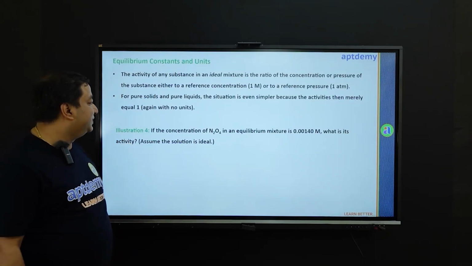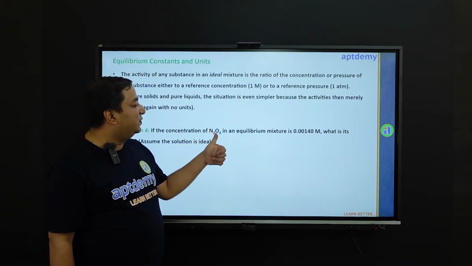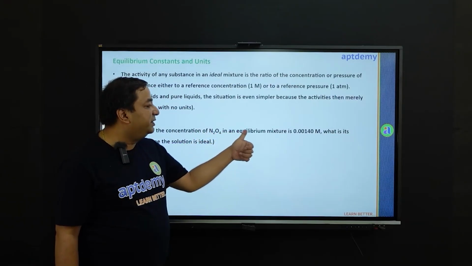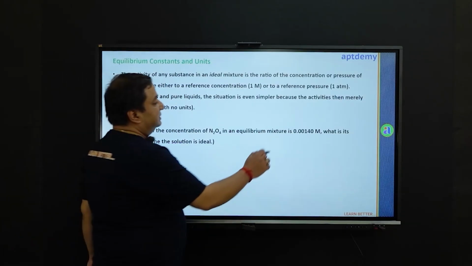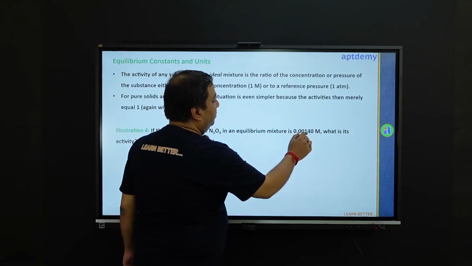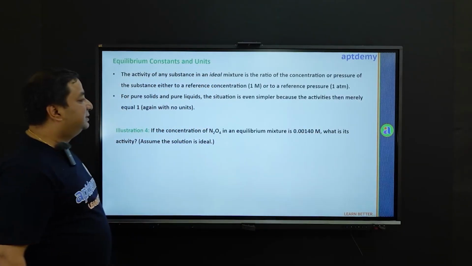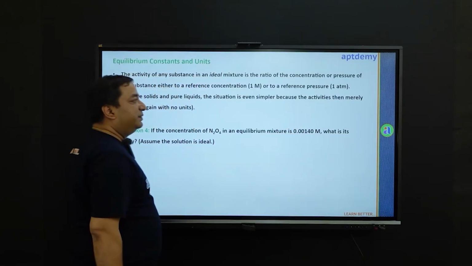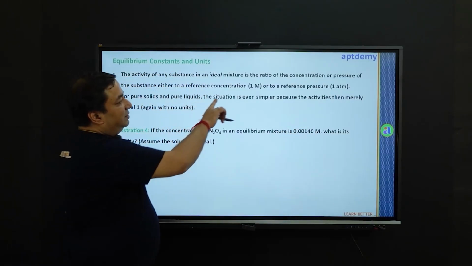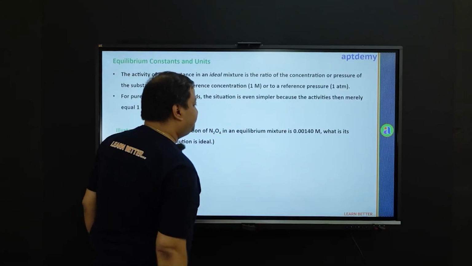Illustration 4, what is it about? If the concentration of N2O4 in an equilibrium mixture is 0.00140 molar, what is the activity? So this value has to be in reference with concentration 1 molar.